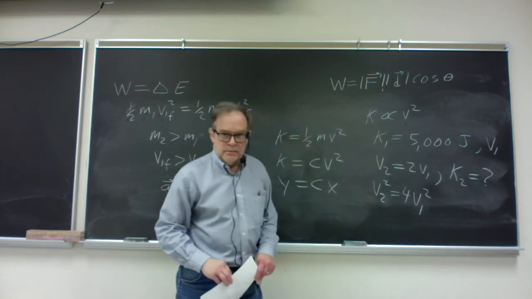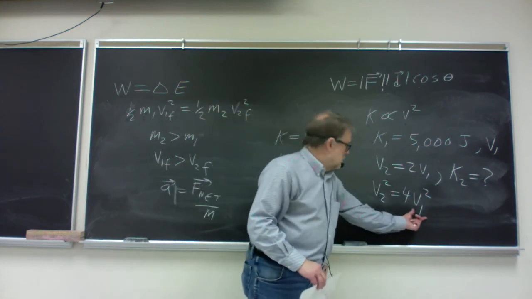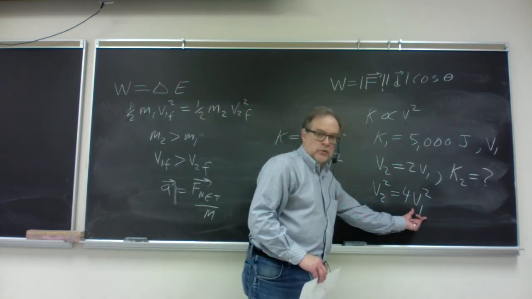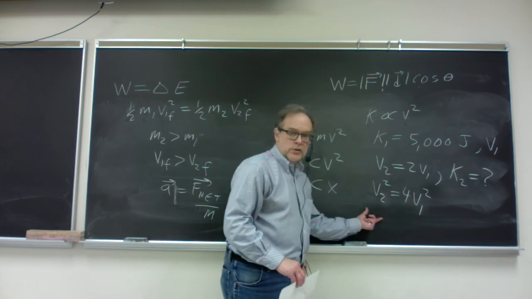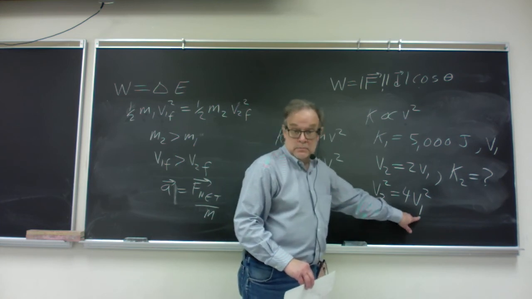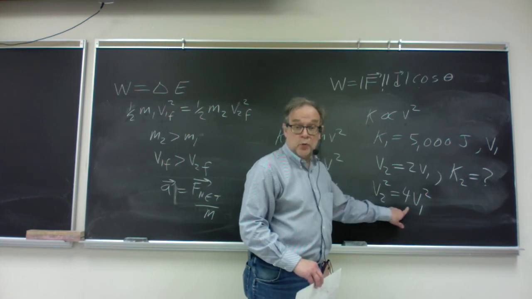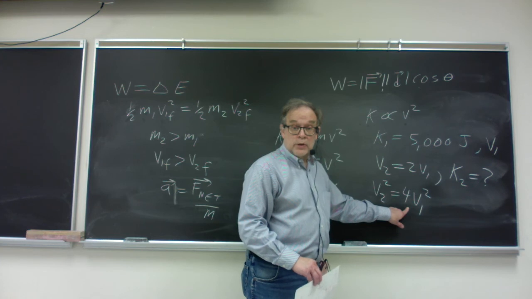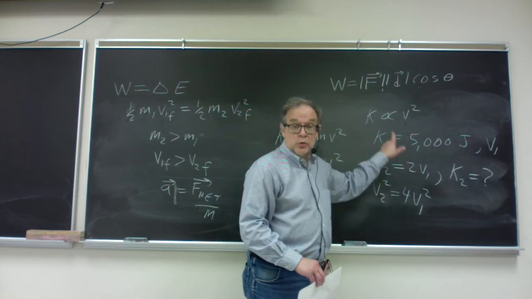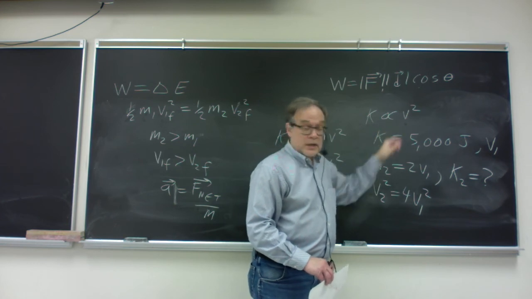So we can see that the variable called v squared, here's the old value of v squared, v1 squared, here's the new value of v squared, v2 squared, and the new value of v squared is 4 times the old value of v1 squared. The variable called v squared changed by a factor of 4. So anything that v squared is proportional to also changes by a factor of 4, like kinetic energy, for example.